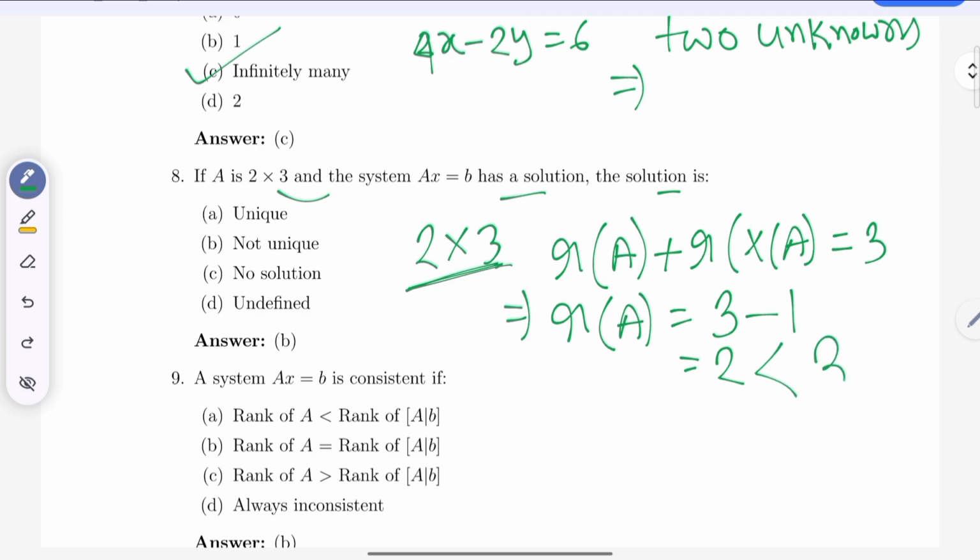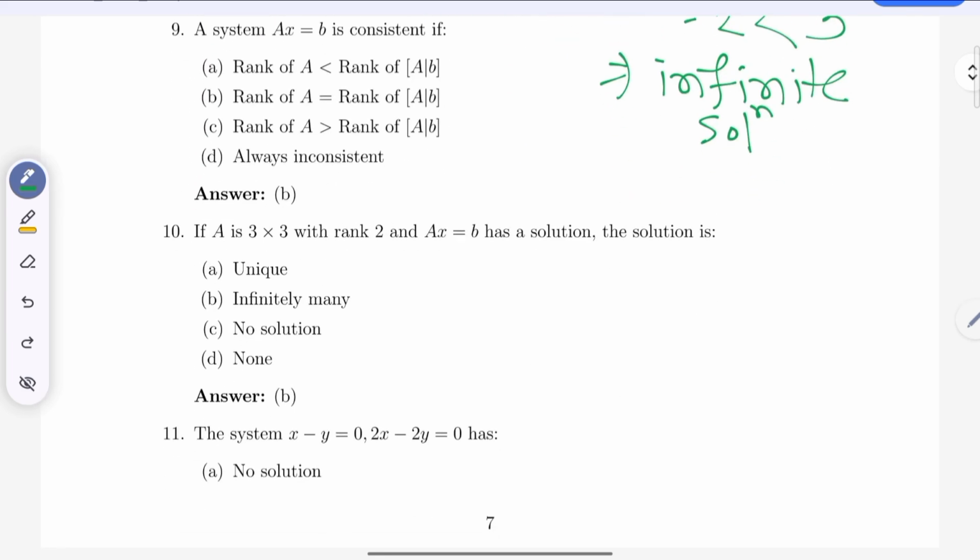So rank is 2, which is less than 3. Hence infinitely many solutions, so not unique. That is, option B is correct.